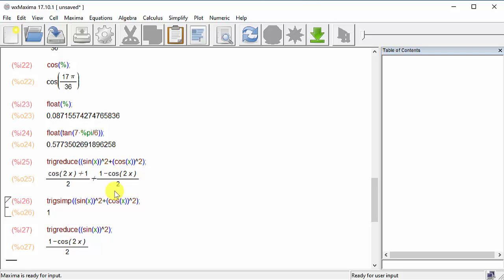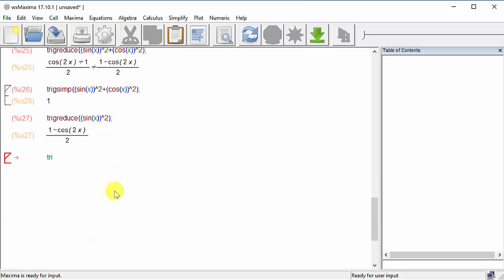Let's do trig expand, and let's do sine of x minus y, and semicolon and shift enter, and there you have it: sine x cosine y minus cosine x sine y.